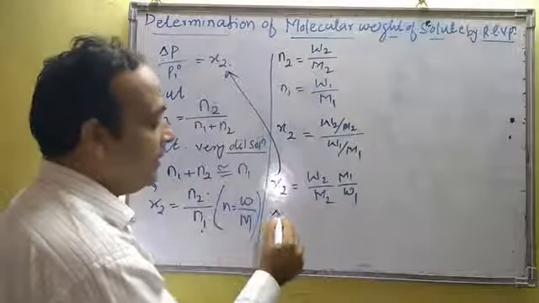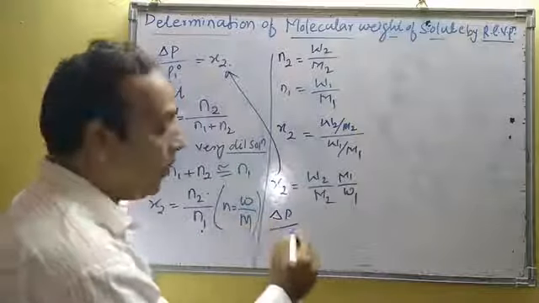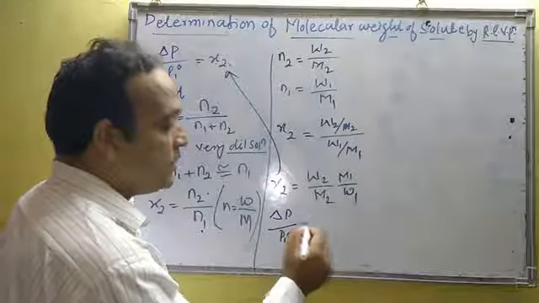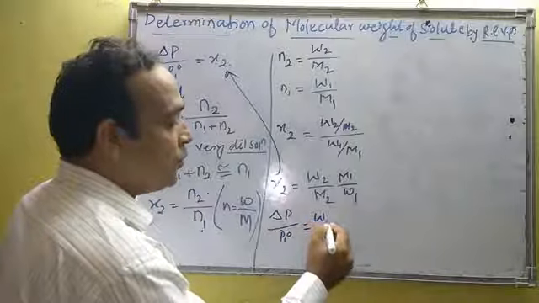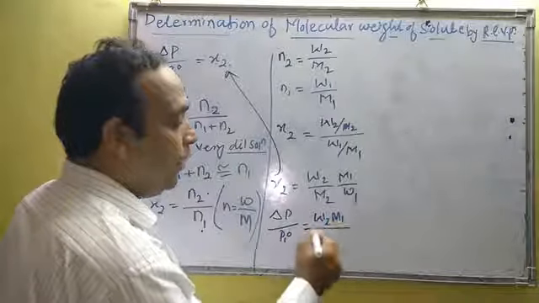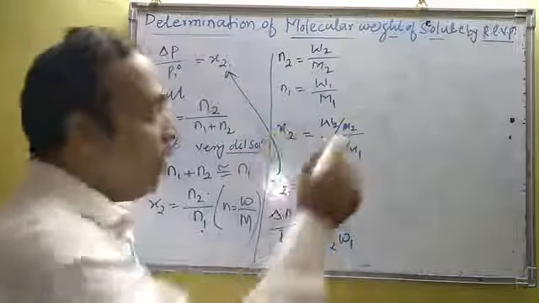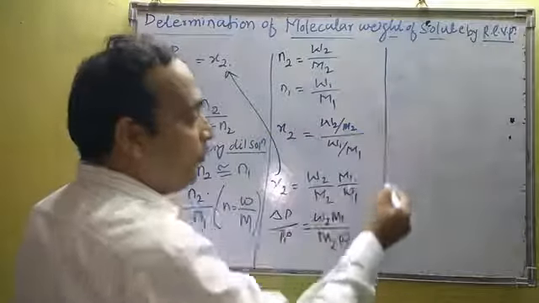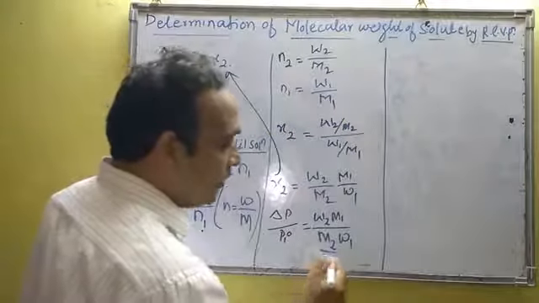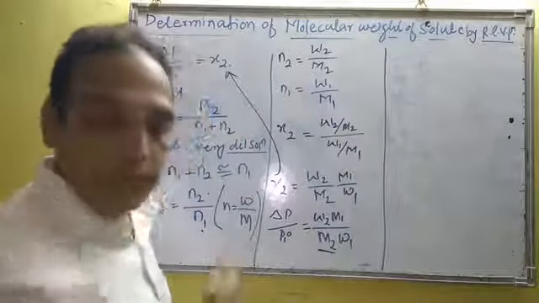We can write here delta P upon P10 is equal to, instead of x2, we can write W2 M1 upon M2 W1. Now we have to find out the molecular weight of solute, means we have to find out M2. Just rearrange this equation.